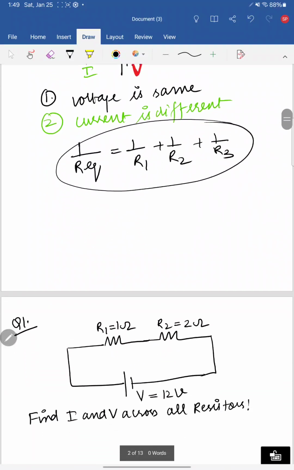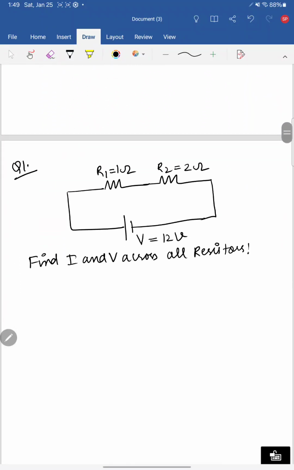Now let's take quickly some questions, directly formula based questions. So here you can see that there are two resistors which are connected in series, which is R1 and R2. The voltage is 12 volt, and what we have to find here is the value of current and voltage across each resistor.